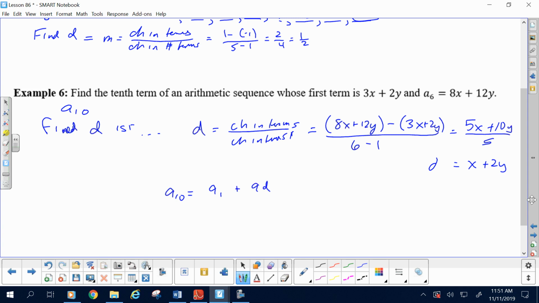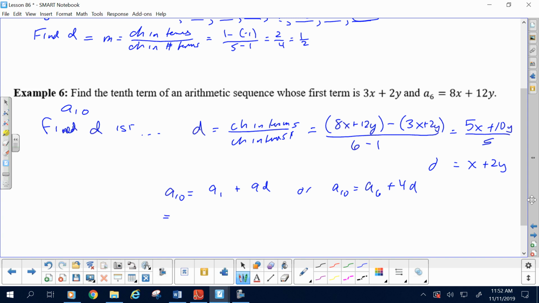How far is it away from the sixth term? How far is it from 6 to 10? 4. Okay, 4 differences, all right. Either way, students should typically like to just use the original formula.